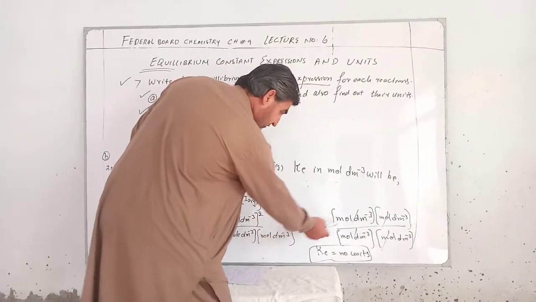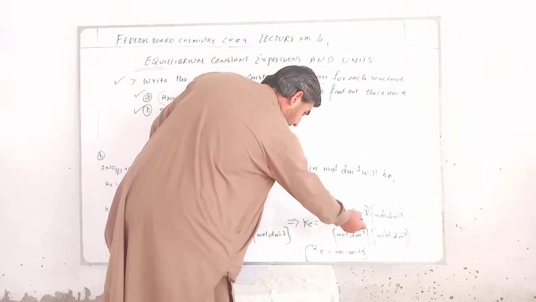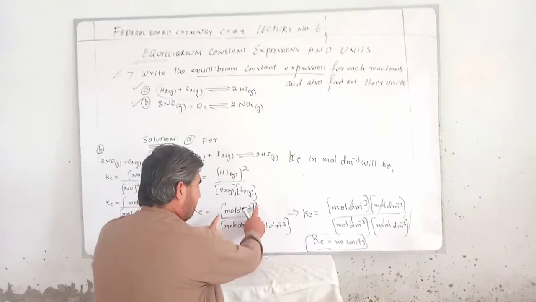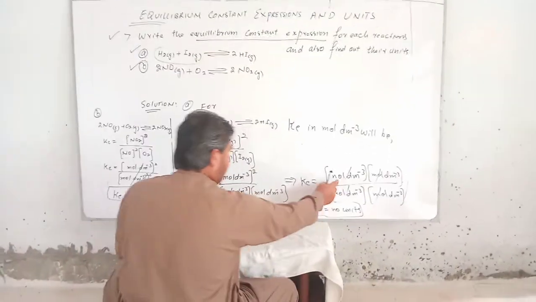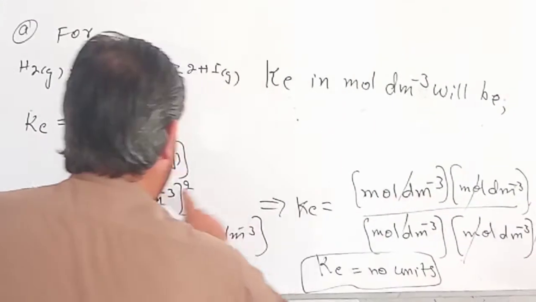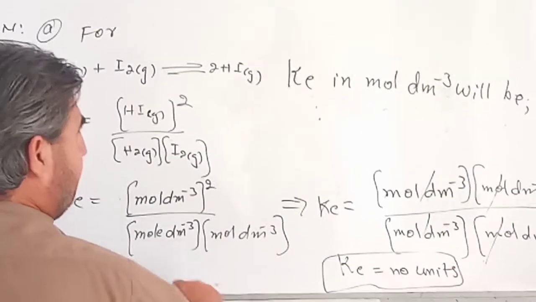Now the units of Kc are mole per decimeter cube, written twice in the numerator as a square, multiplied and divided by the same units which lie in the denominator.